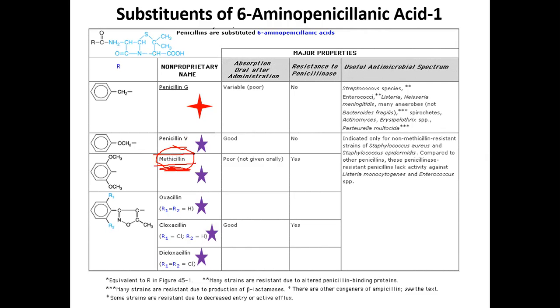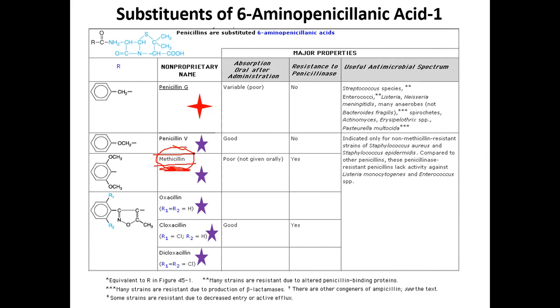Now remember, methicillin is an anti-staphylococcal penicillin. If you have methicillin resistance, that means that this organism could be producing beta-lactamases, but methicillin, being an anti-staphylococcal penicillin, is insensitive to these beta-lactamases. And so it is supposed to work against the organism.